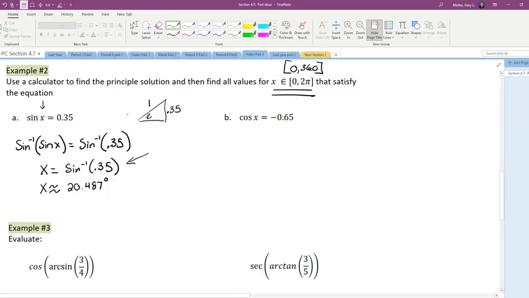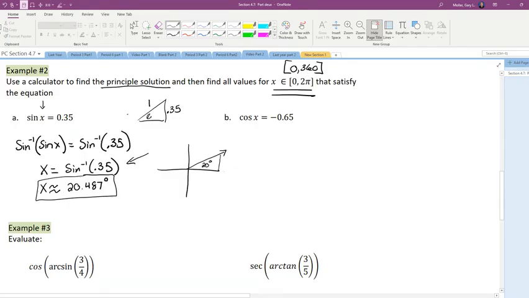So now that is the answer to the first part. Find the principal solution. That's the answer the calculator gives you. But now I need to use my brain and that answer to figure out all of the answers between 0 and 2 pi. So what I've just found, of course, looking at a coordinate plane, I've found that this answer right here of 20-ish degrees has a sine of 0.35.